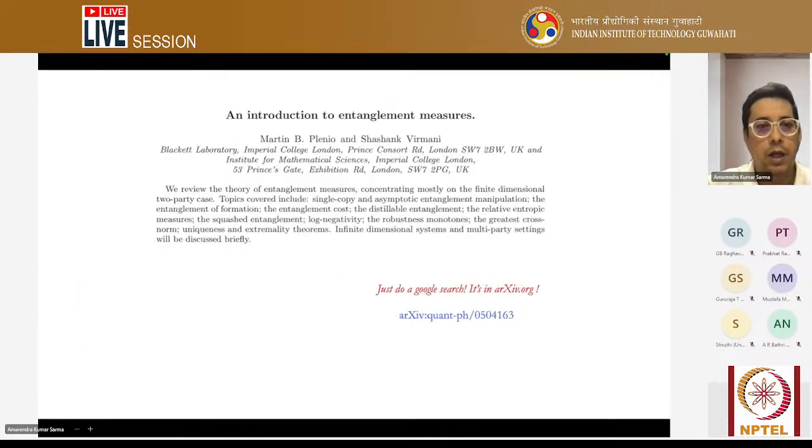And as regards entanglement measures, you can look at this article. This is freely available. You just Google it, or you can note down this arXiv number. An introduction to entanglement measures, if you just type it in Google, you will be able to get this article and get some idea.